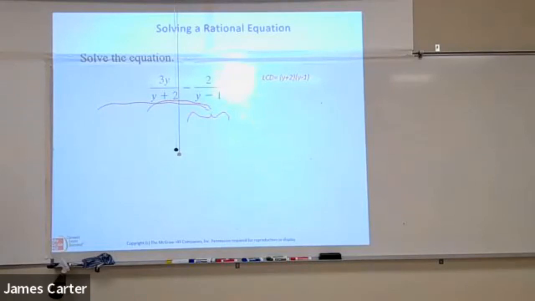Okay, here we go. You got a rational one. I know how much you guys love rational stuff. Okay. Well, what do we got to do? We got to find the common denominator. There it is. I already found it for you. So we're going to multiply all 3 terms by both pieces of that.